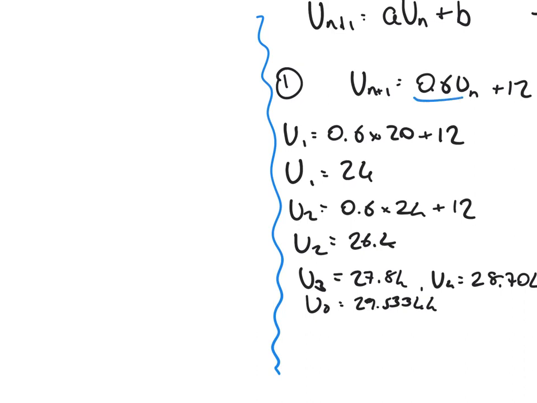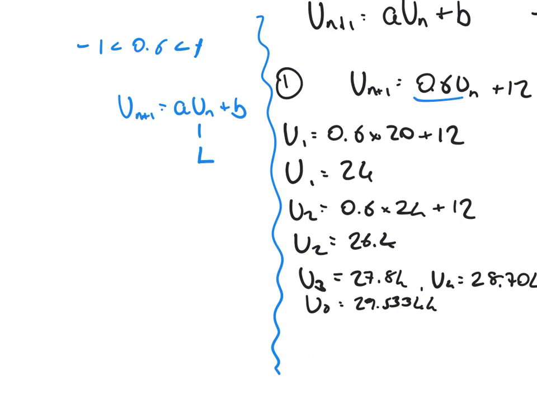So first of all, let's establish that a limit absolutely exists because 0.6 lies between -1 and 1. Now if you think about a limit existing for a recurrence relation a u_n + b, let's say we reach the limit at u_n.